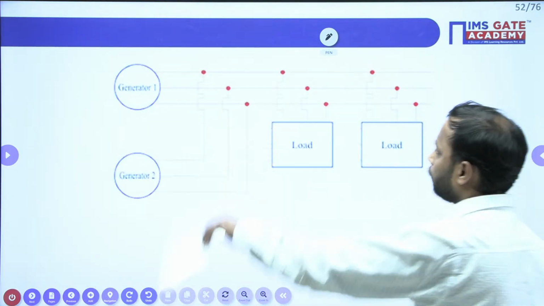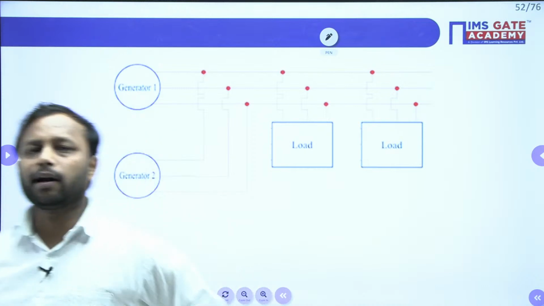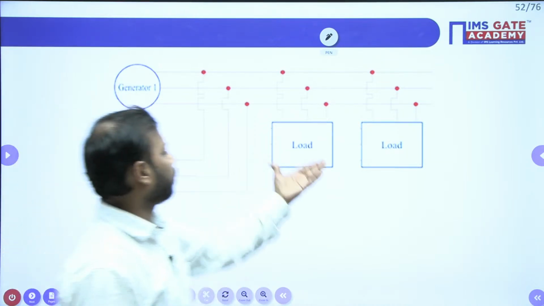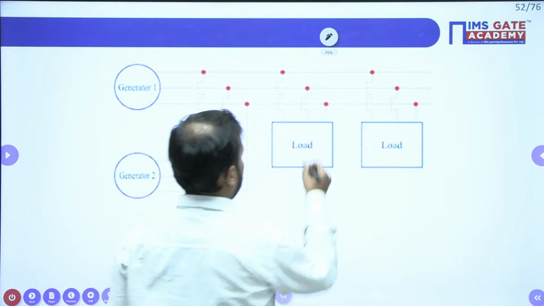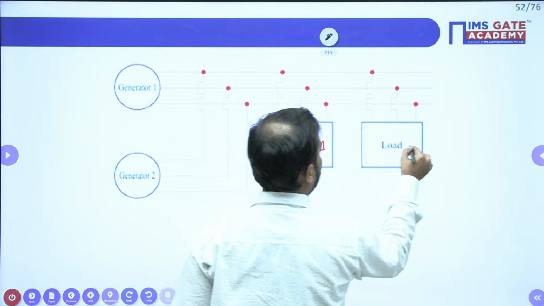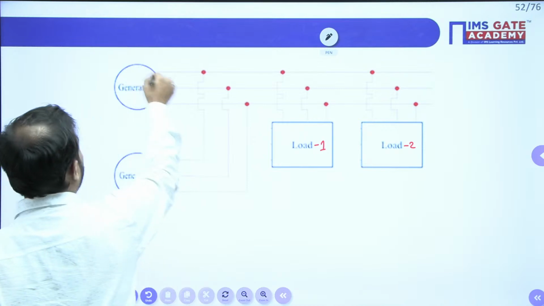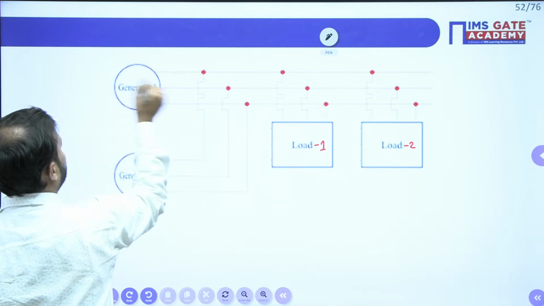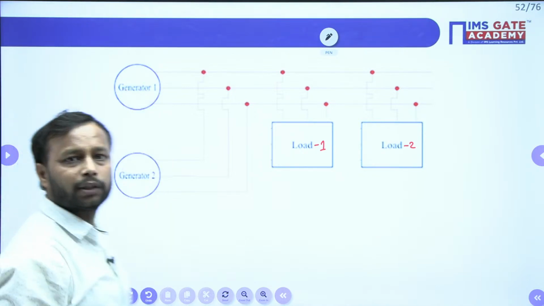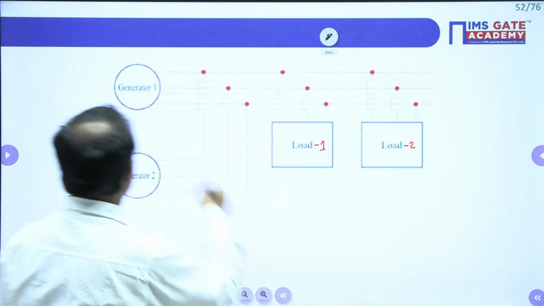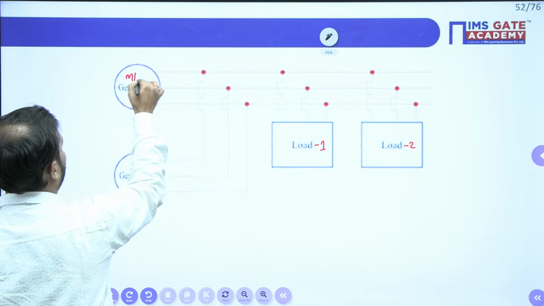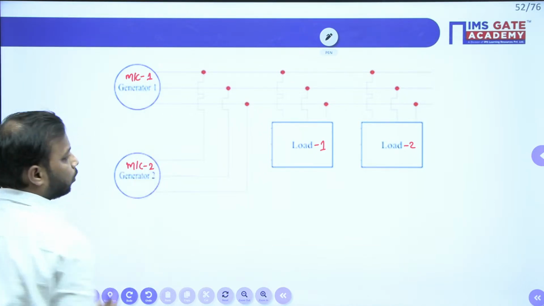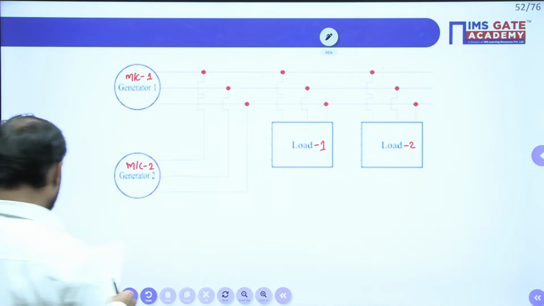Now look at here. This is the circuit diagram of the two generators operating in parallel, which is supplying load 1 and load 2. Let us take this as machine 1. I hope this is visible now. This is generator 1, or you can say machine 1, and this is machine 2. All right. So do we have data here?